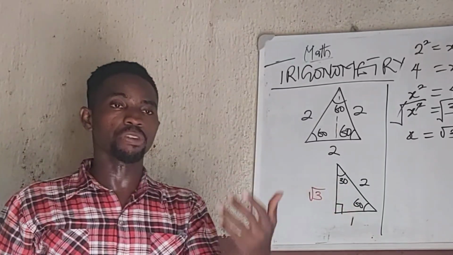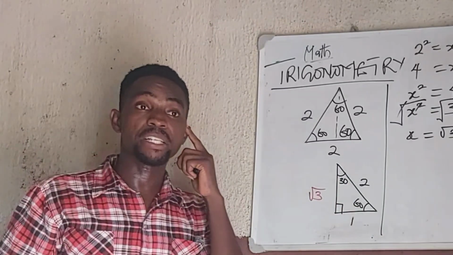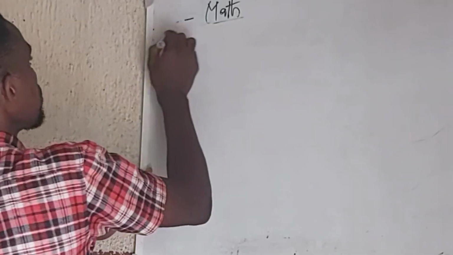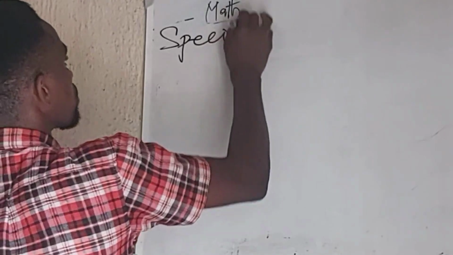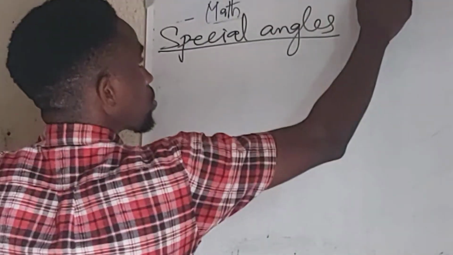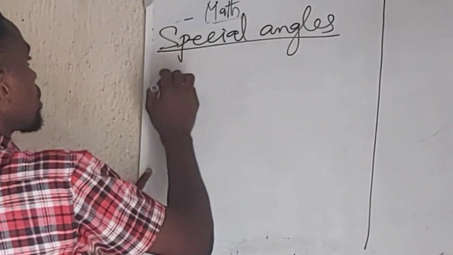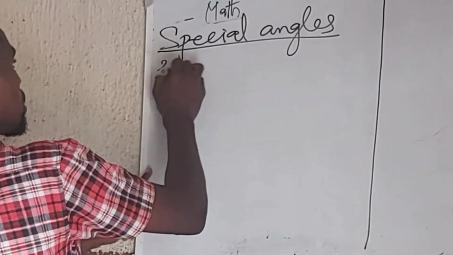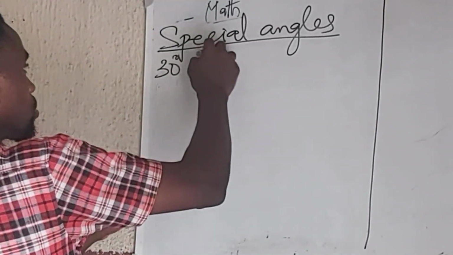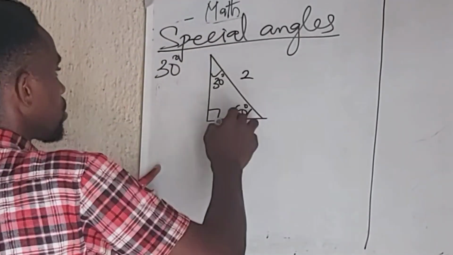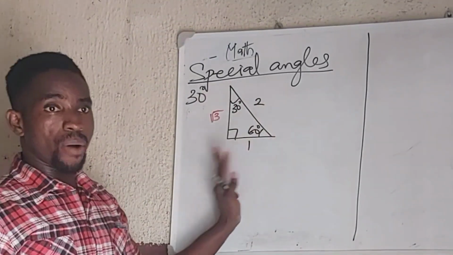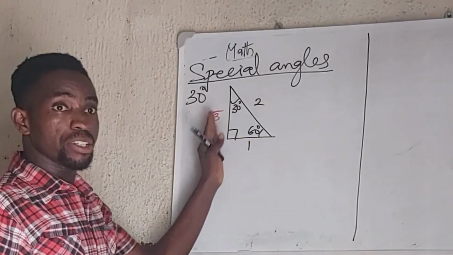We are still going to do 45, and then we'll summarize the special angles before we go ahead and solve problems with what we have learned so far. So now, considering this our triangle, we have found the value of the 3 sides.